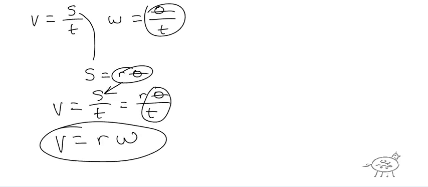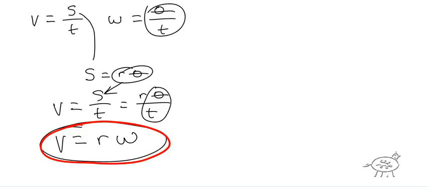Huge formula. Going to put that in red also. Let's talk a little bit about what that means. When I showed you the picture of taking the string with a little star at the end of it and spinning it around, do you agree that as the radius got bigger, the linear velocity got faster and faster? In other words, you're spinning around at the same rate, and you're letting go of that string farther and farther out.